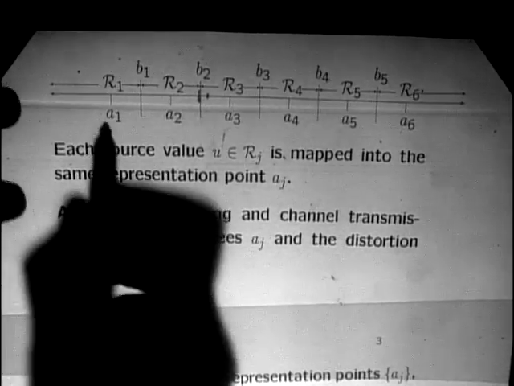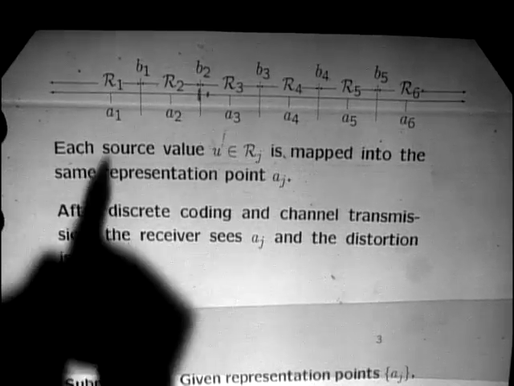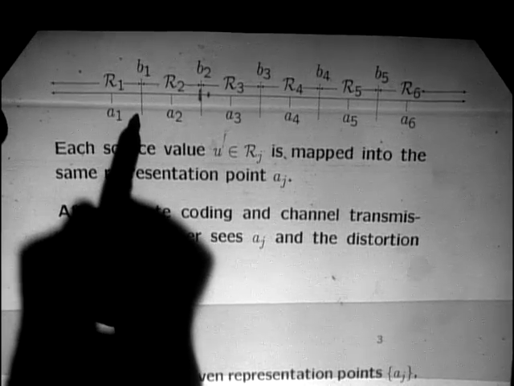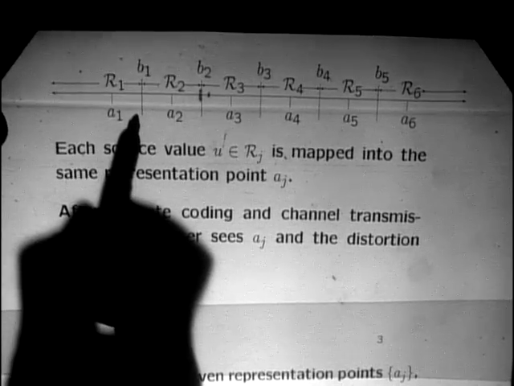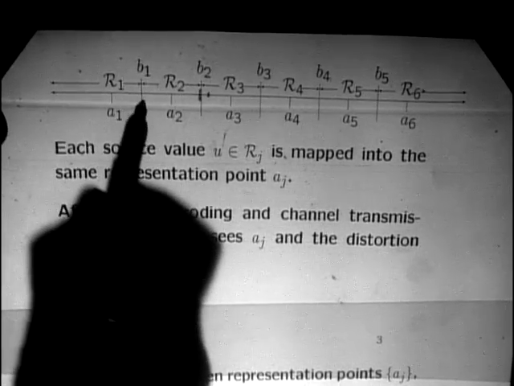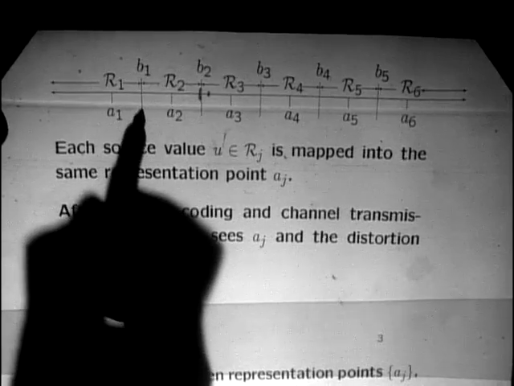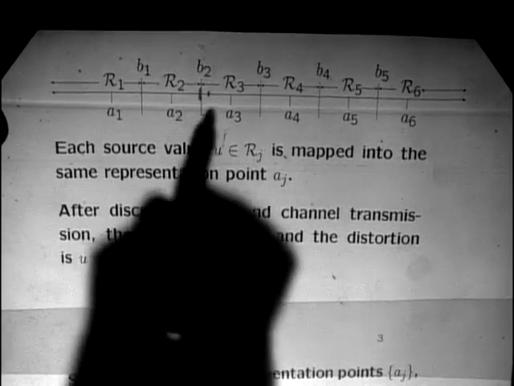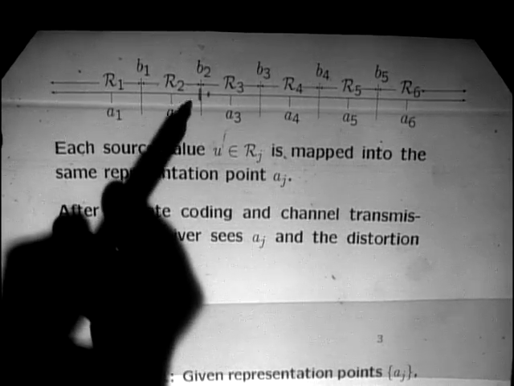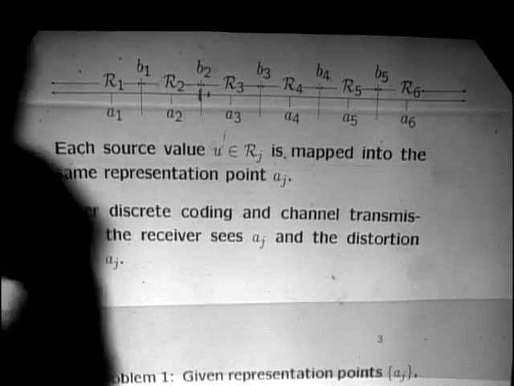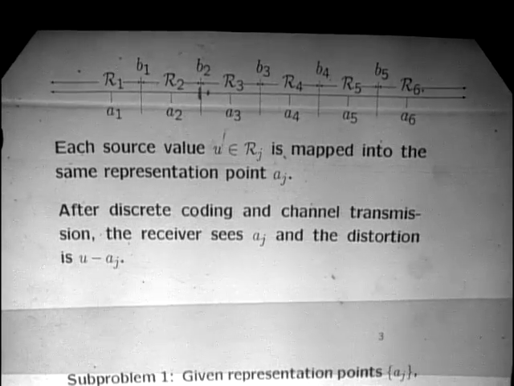And the answer is, given these points, we simply construct bisectors between them, namely bisectors halfway between a1 and a2, we call that b1. Halfway between a2 and a3, we call that b2. And those are the separators between the regions.